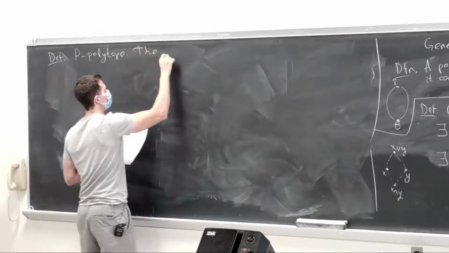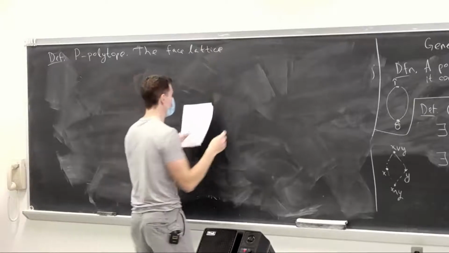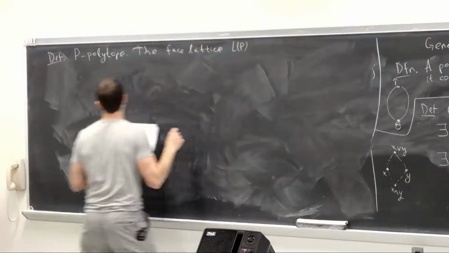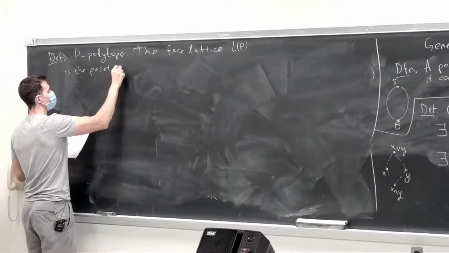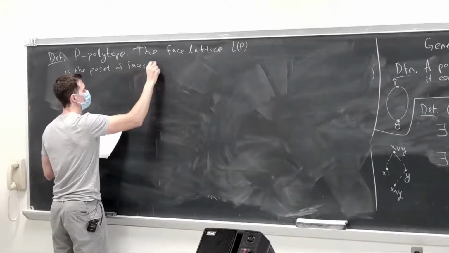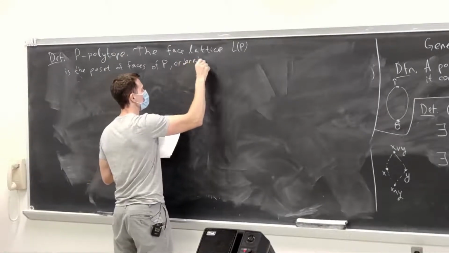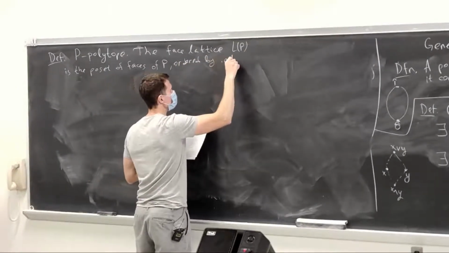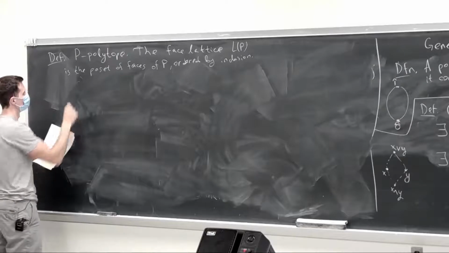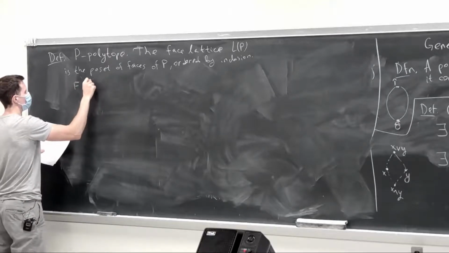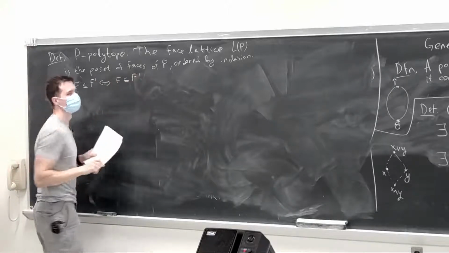Then the face lattice, which is denoted L of P, is the whole set of faces of P, which are ordered by inclusion, or by containment. Basically, one face is smaller than another one if and only if it's contained in the other one.